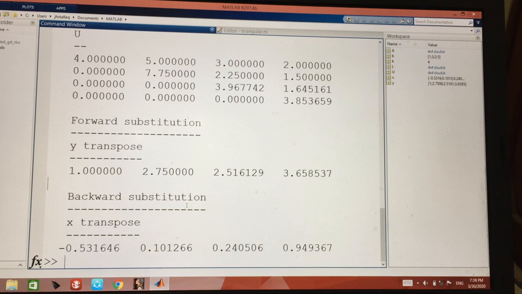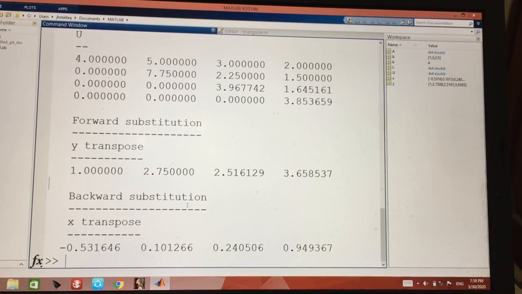Because this is x2, we want to calculate it, so we don't know y2 and x2 yet, we have to calculate x2, okay?